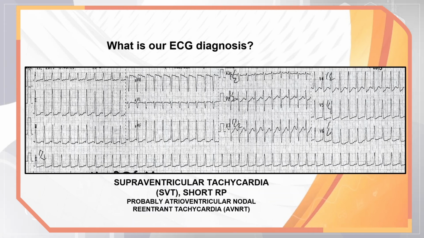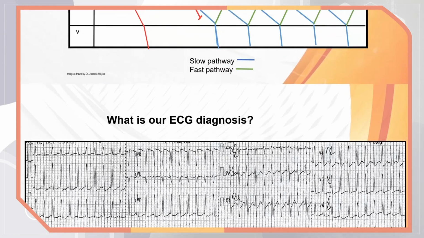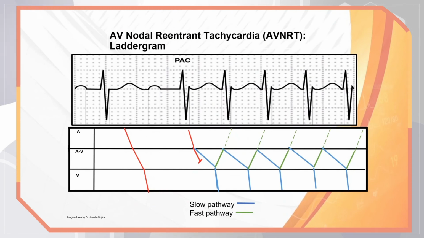Okay, now this is a laddergram, and I will introduce you to the concept of the laddergram. The laddergram is a graphical representation of the flow of electricity in the heart. There are three tiers: A for atrial, AV for AV node, and V for ventricle. So here in AV node reentrant tachycardia, we see that the forward arm or anterograde arm utilizes the slow pathway in blue, and the green pathway is the fast pathway representing the retrograde conduction.